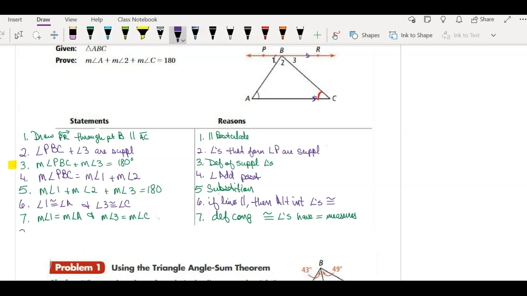And last but not least, step 8. So we now know that the measure of angle A plus the measure of angle 2 plus the measure of angle C is equal to 180 degrees. What property do we use here?